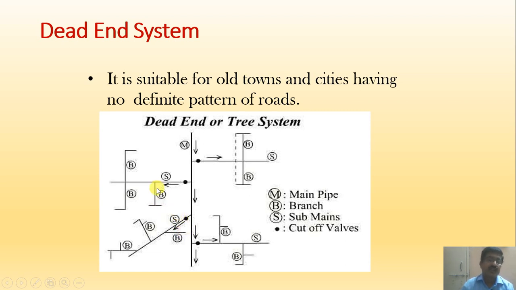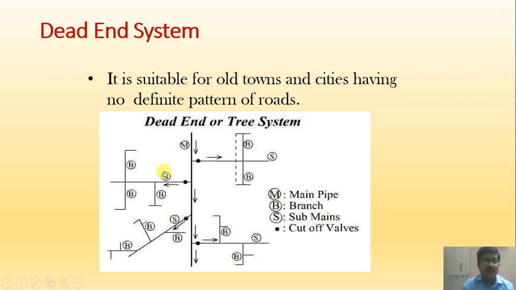There is no typical pattern; these are totally dependent on how the roads are available there. That's why it is called a tree system, because it is similar to the branches of a tree.